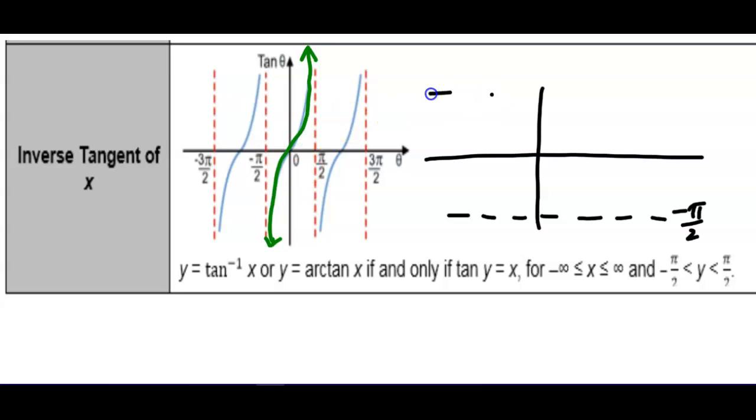And +pi over 2 is going to be a horizontal asymptote this way. And then it's going to flip and go this way. Okay. Again, I'm not going to ask you to graph these. I'm going to ask you to evaluate where they happen.